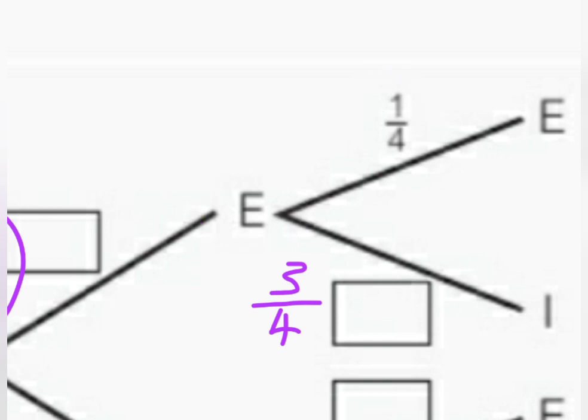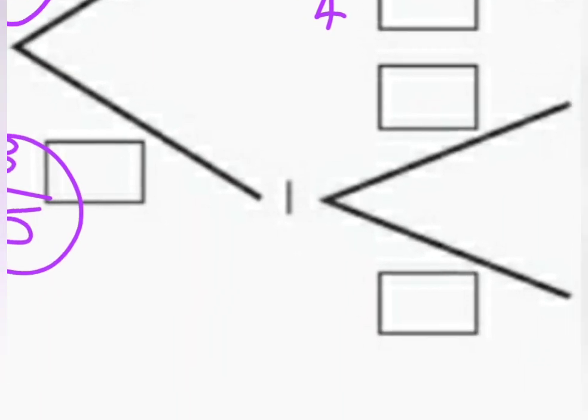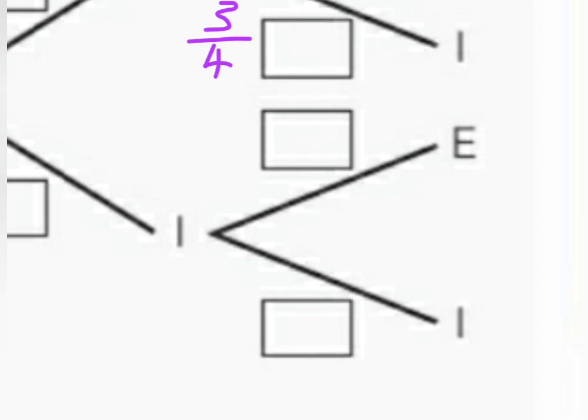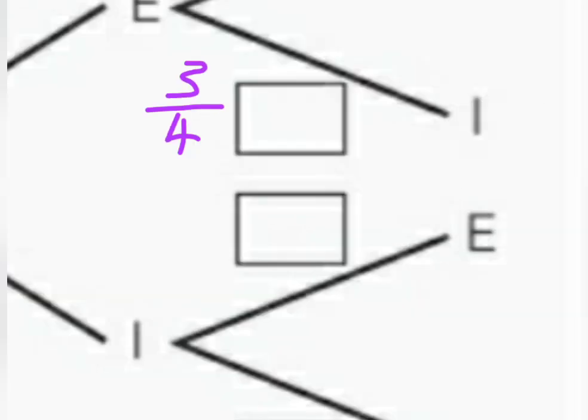Good. Now here, if he went this way, he will take an I and he will keep the I. If he keeps the I, we will have what? Very good. We will have two E's and two I's. Now, the probability of picking an E after that is 2 out of 4.